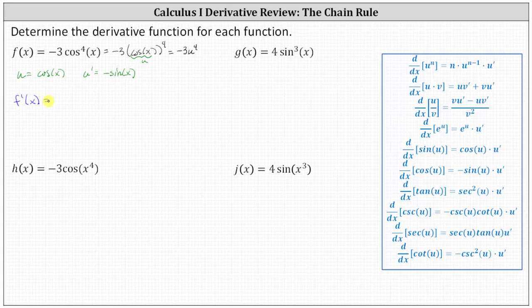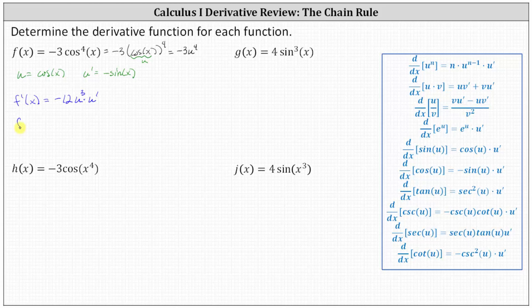is equal to the derivative of negative 3 u to the fourth with respect to x. We multiply by 4, which gives us negative 12. U to the power of 4 minus 1, which gives us a power of 3, and then times u prime. And now we need to write this back in terms of x using u equals cosine x and u prime equals negative sine x.